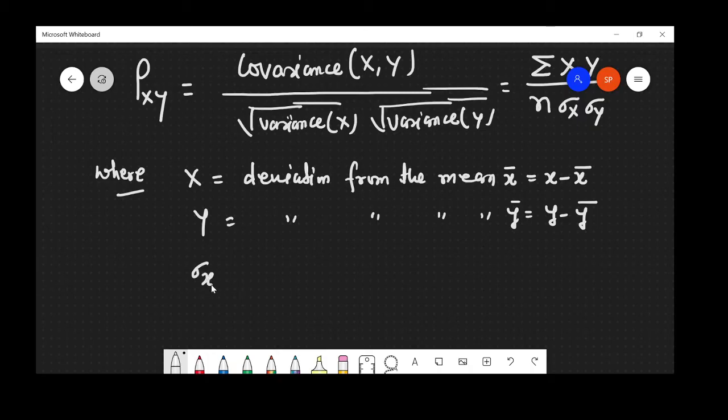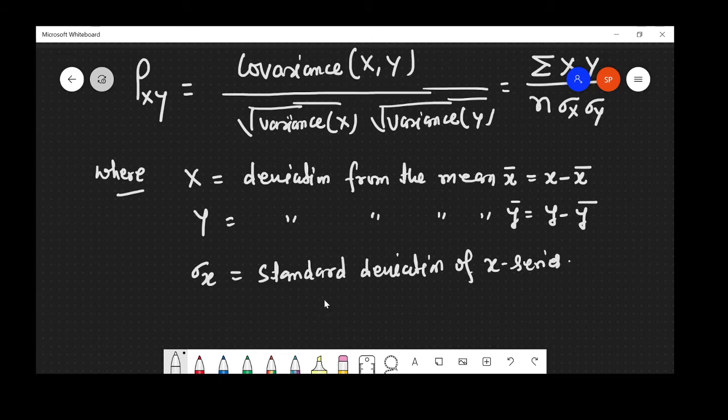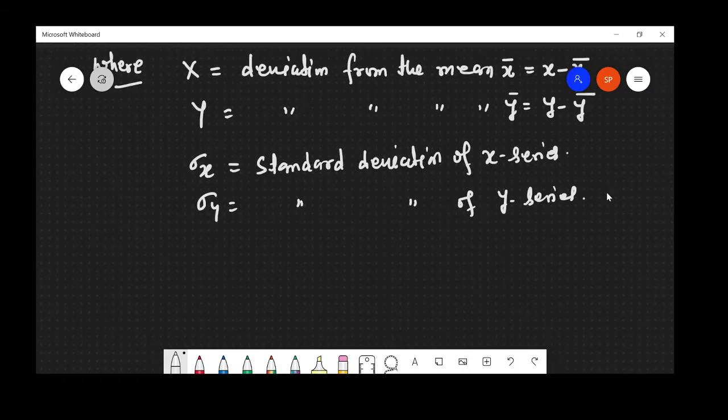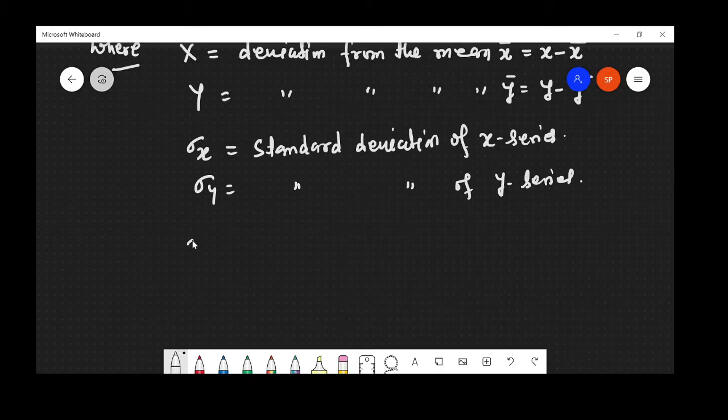And sigma x is the standard deviation of x series, and sigma y is the standard deviation of y series.